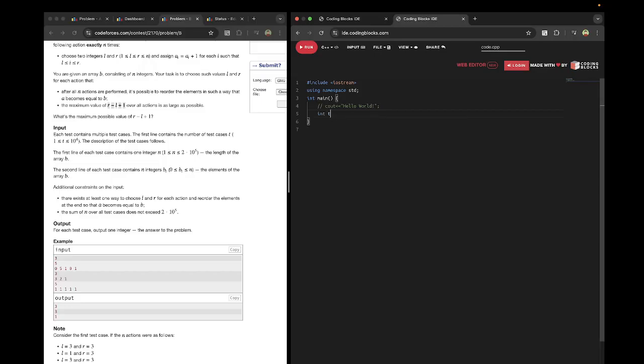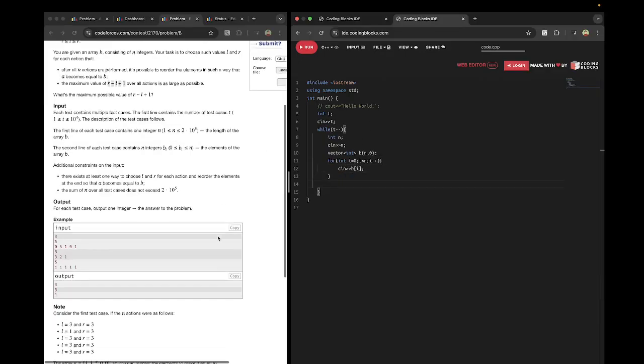So we have input as t, t, and then n. There is at least one way to choose L and R for each action.